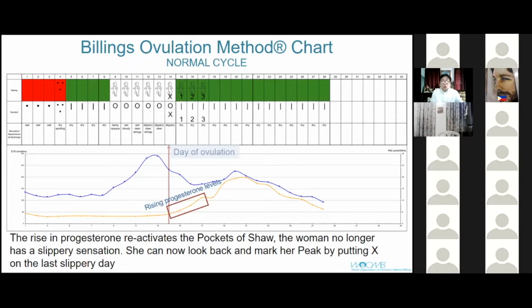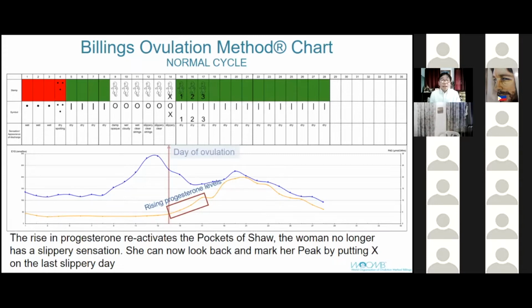According to Professor James Brown, during the days of mens, during the days of the BIP, and during the days of the developing pattern of mucus, progesterone is at the baseline.